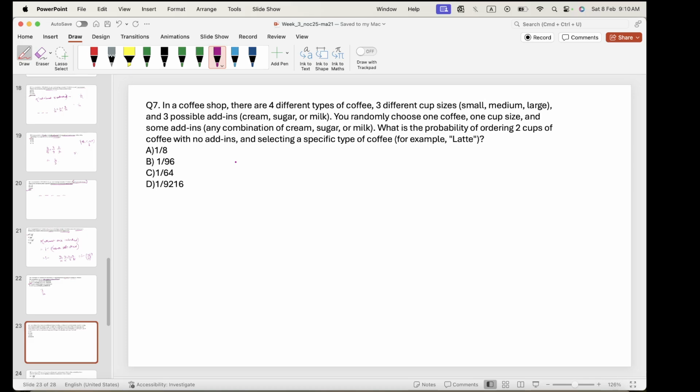Four types of coffee, 3 different cup sizes, and 3 possible add-ins. Choose one coffee, one cup size, and one add-in. What is the probability of ordering 2 cups of coffee? 1 by 4, so 2 by 1 by 2. And then with no add-ins. Add-ins are 3 possible add-ins.